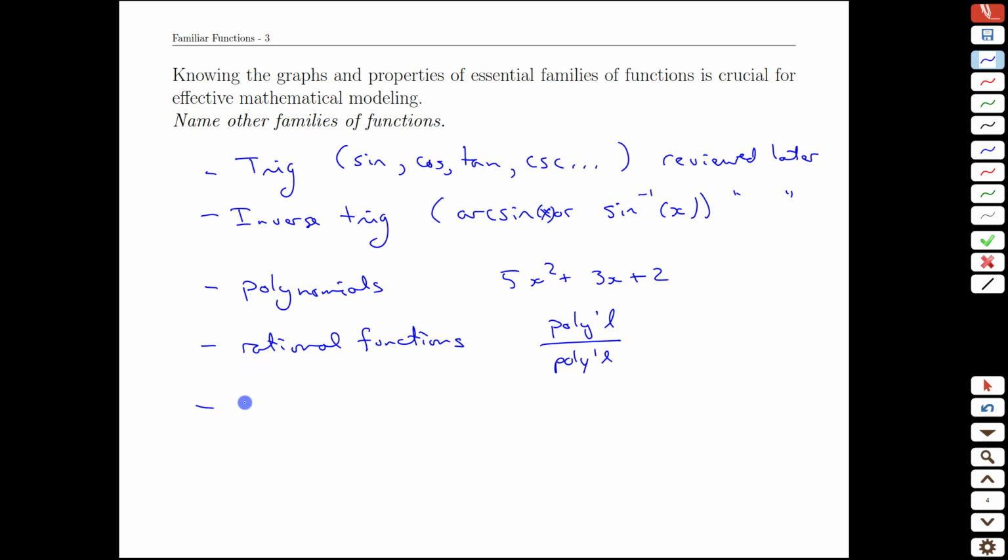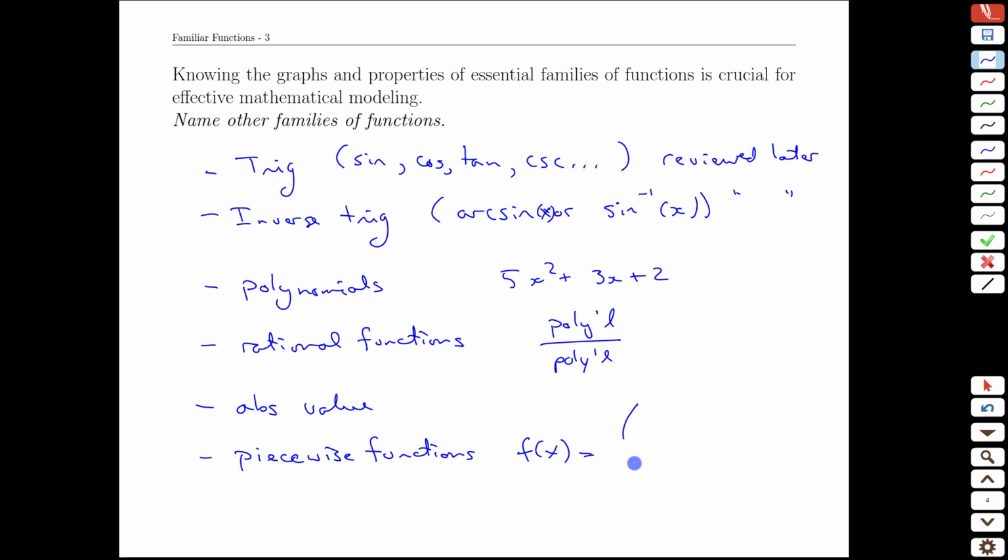We also have, what else? We have absolute values, and we can combine our functions in different ways again by looking at piecewise functions. And those functions are simply written out in different intervals.